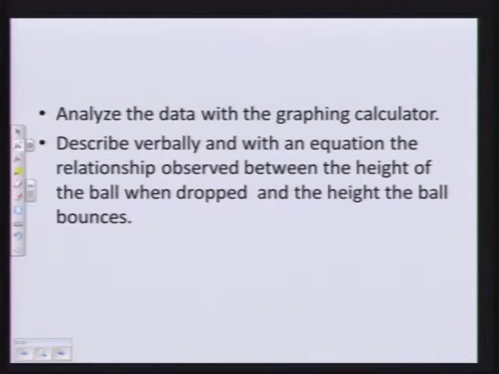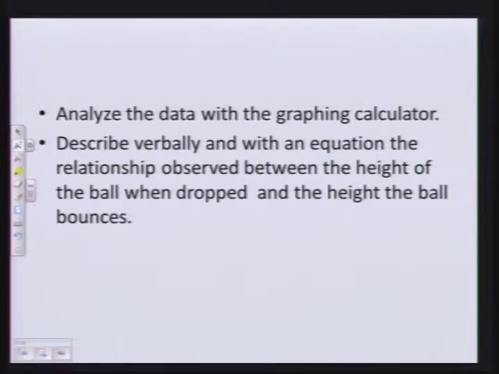What I would like for you to do if you gather that data, again, is to put the data in the graphing calculator and then get your line of best fit, because it should appear that your data is approximately linear. And then describe verbally and with an equation the relationship that you have observed between the height of the ball when you drop it and the height that the ball bounces.